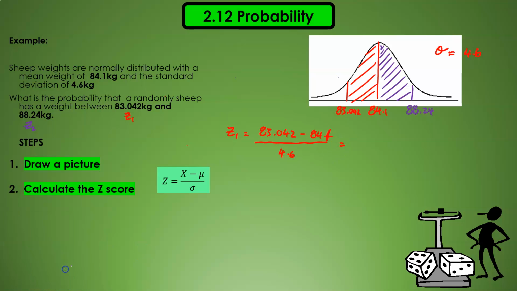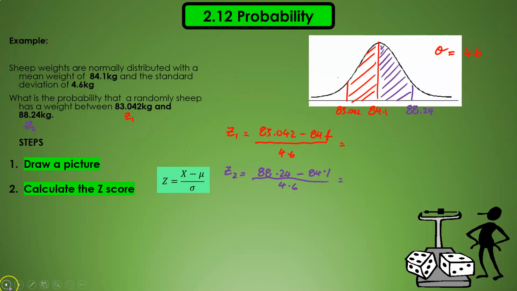Then second of all, we're going to find Z2, which is equal to 88.24, take away 84.1, so same calculation over 4.6, and get our answer.